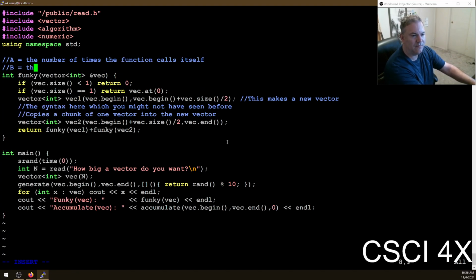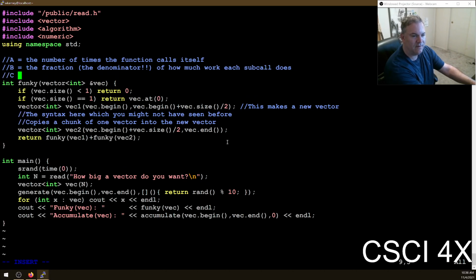B equals the fraction, the denominator of how much work each subcall does. C is n to the C, how much work is done within this call.